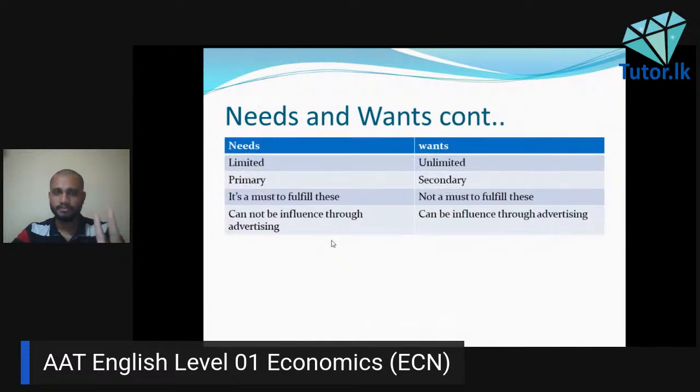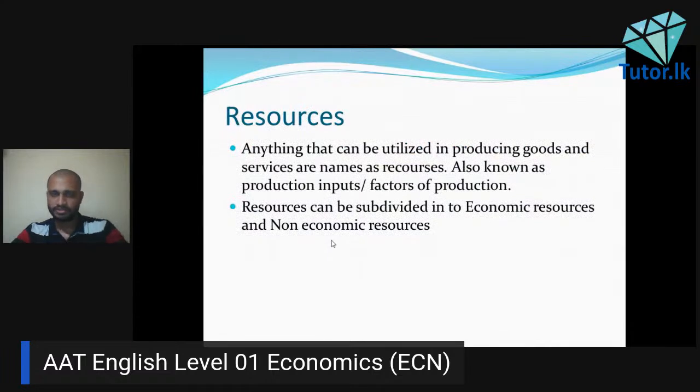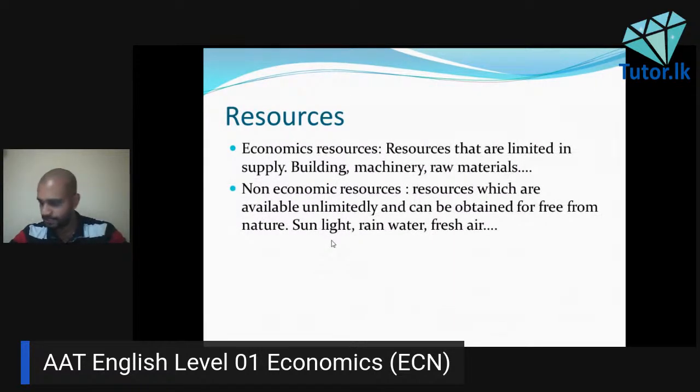That thing you need to keep in mind: individuals, companies or any entity will have unlimited wants. Now we are talking about resources. A company needs resources, and an individual needs resources. Now we are going to discuss the classification of resources. It can be broadly divided into economic resources and non-economic resources. Now we will look at the main difference between them.